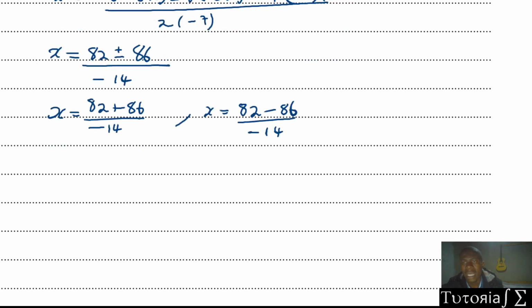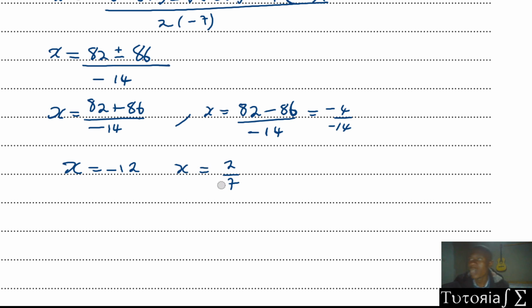Okay, meaning that x is equal to negative 12, you simplify this, and x is equal to, that is, negative 4 over negative 14, the 2 there, to give you 2 over 7.